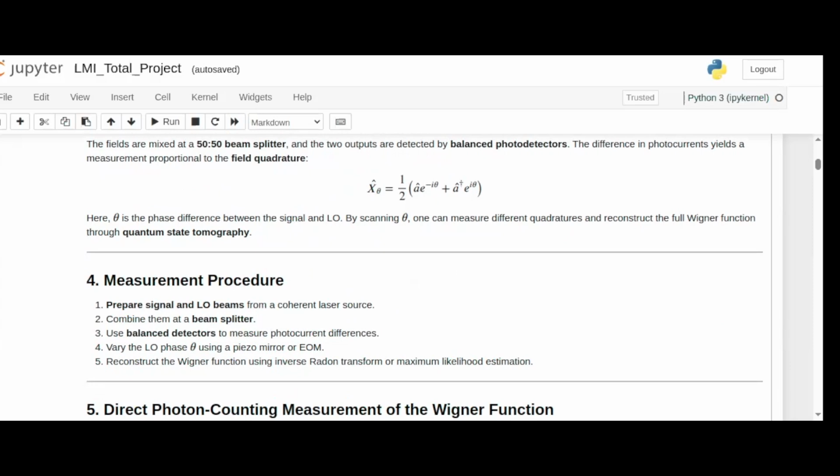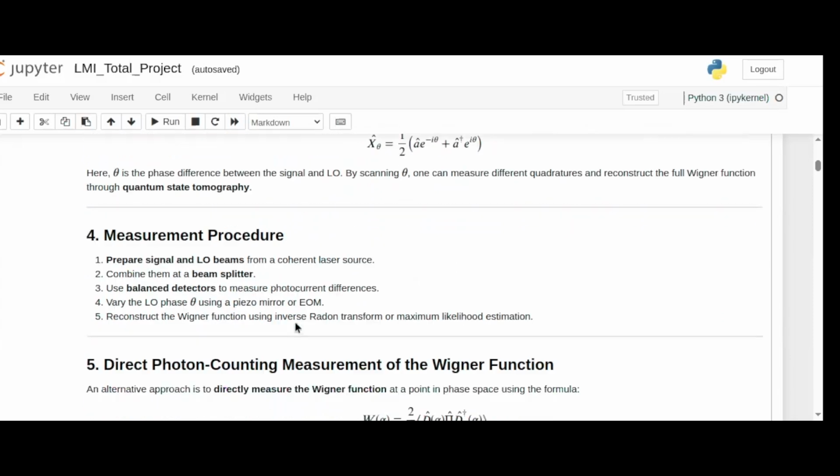Combine them at the beam splitter, as I said, the 50-50 beam splitter. Use balanced detectors to measure the photocurrent difference between these two beams. Vary the local phase using a phase modulator. Then finally, we reconstruct the Wigner function using inverse Radon transform or maximum likelihood estimate.